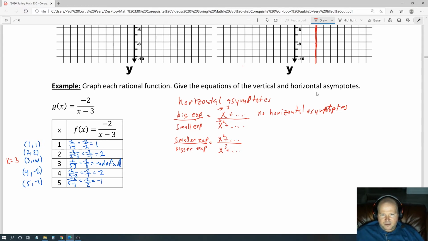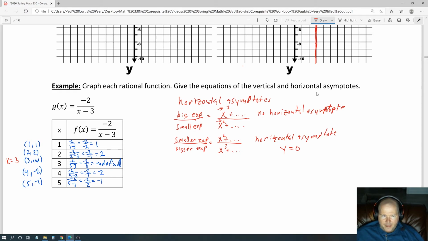Now when you compare those, what would happen is we have a horizontal asymptote. It does exist. And in this case, it's going to be y is equal to 0.